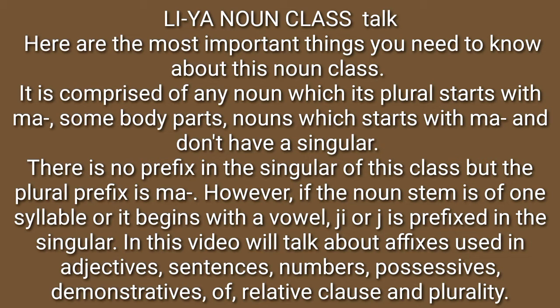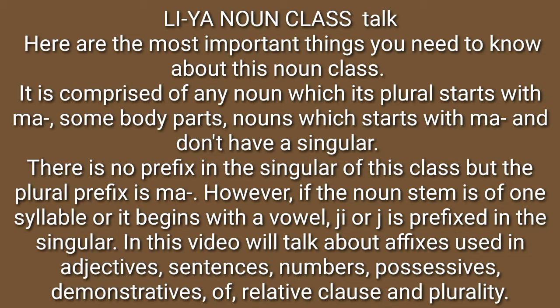So this noun class is comprised of any noun which its plural starts with ma. Some body parts, nouns which start with ma and don't have a singular. There is no prefix in the singular of this class, but their plural prefix is always ma.